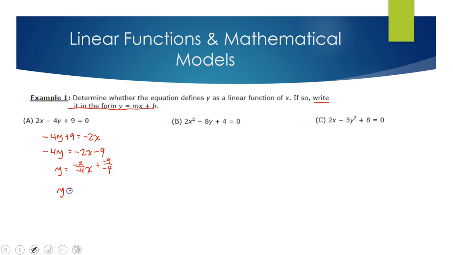And so y is going to equal 1/2 x plus 9/4. So it's written in the format. I can clearly say that this is m and this is b. So yes, this is a linear function.